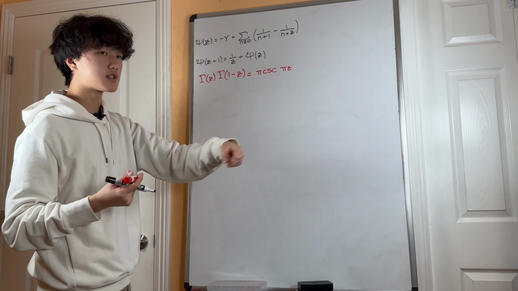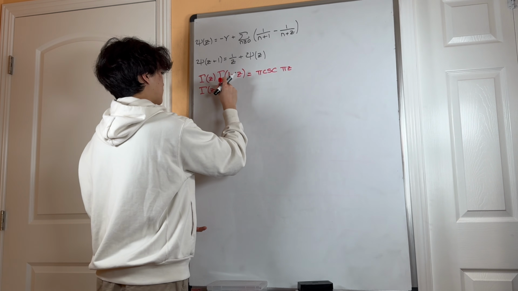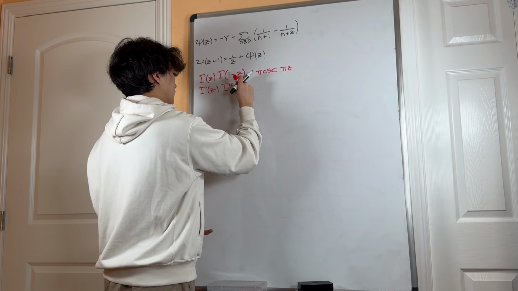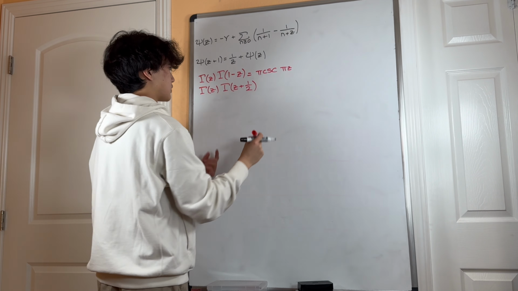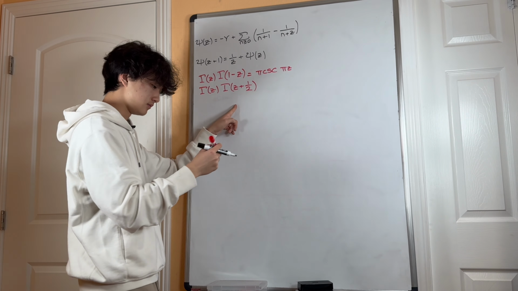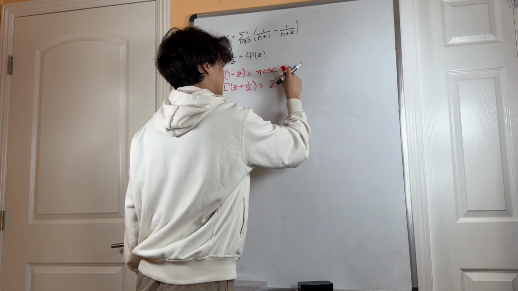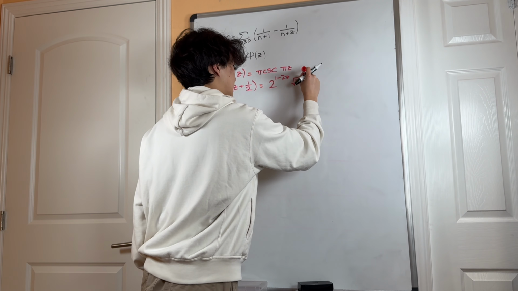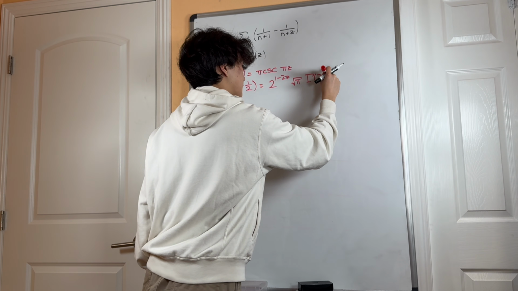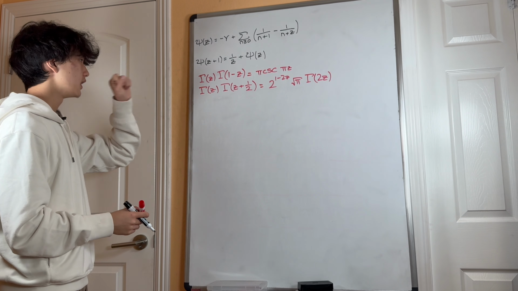And there's also this other one, which is the Legendre duplication formula, which I still haven't figured out how to pronounce correctly. So this one deals with half integers. Gamma of z times gamma of z plus 1/2 is supposed to give you 2 to the 1 minus 2z times the square root of pi times gamma of 2z. So it's kind of weird and clunky, but we'll deal with it.